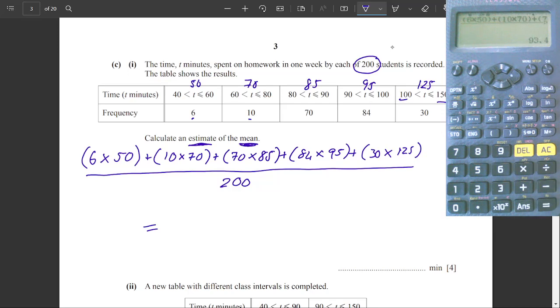And I get 93.4. Okay. Next thing, check, does your answer make sense?